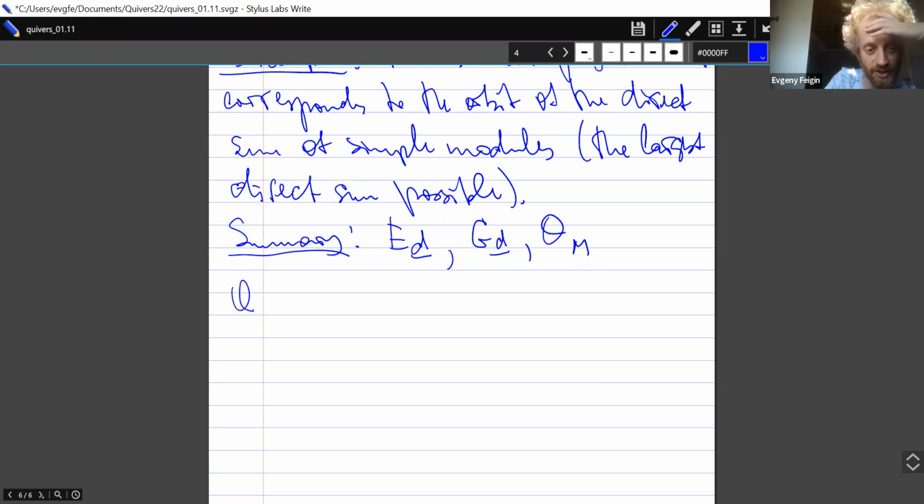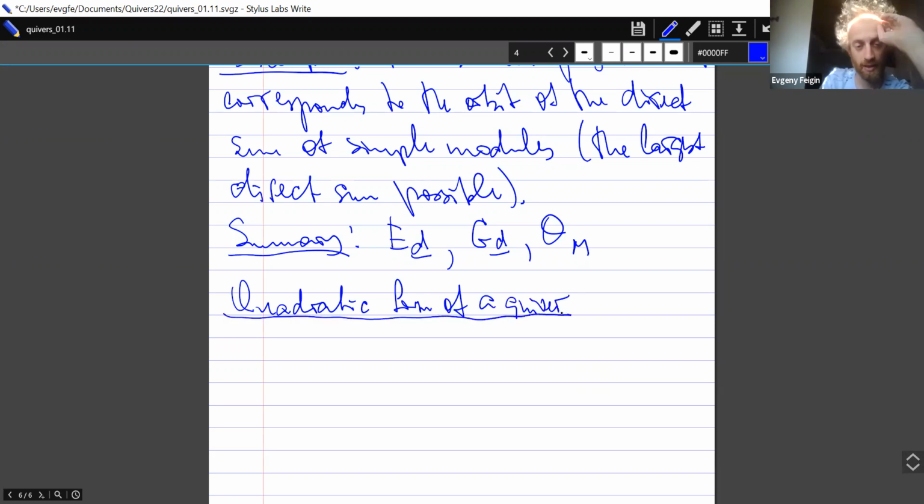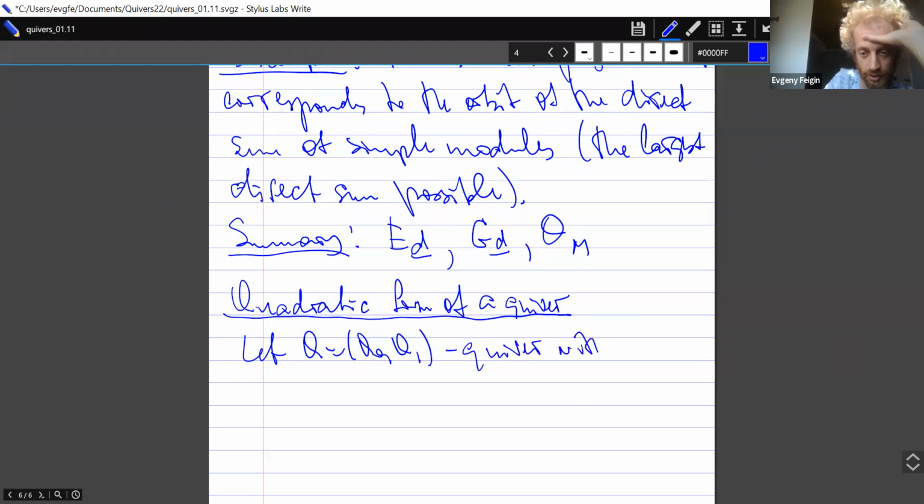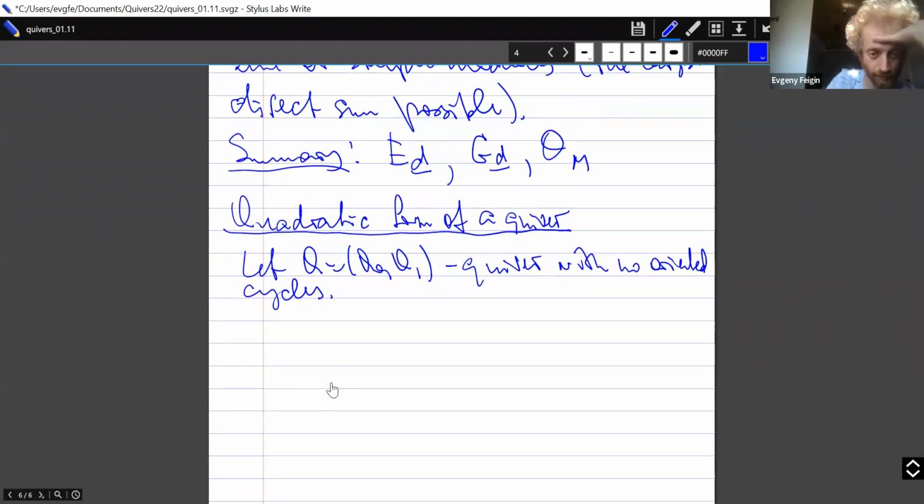So this is what is called quadratic form of a Quiver. So let Q be a Quiver with no loops, oriented cycles. So then definition.